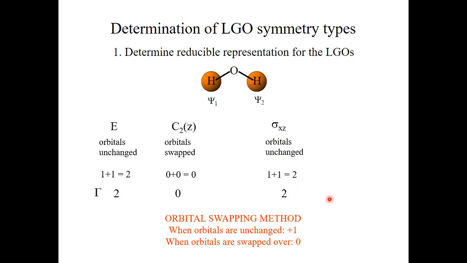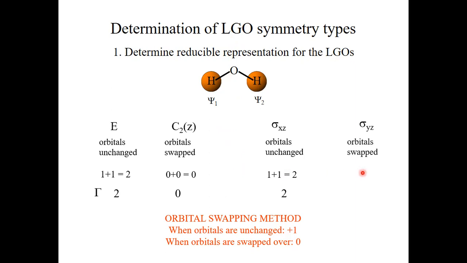So last but not least, we still need to consider sigma yz. So sigma yz bisects our water molecule here. So do the orbitals get swapped now? Can anybody tell me again? Yes. Yes, yeah. So they are getting swapped.